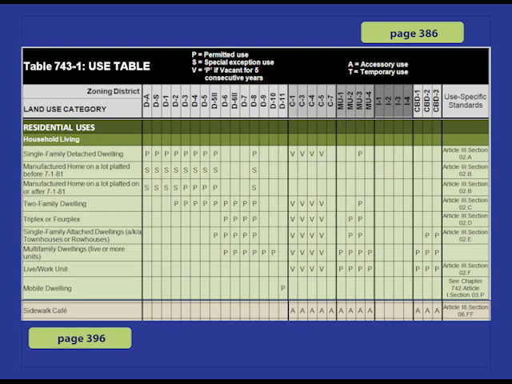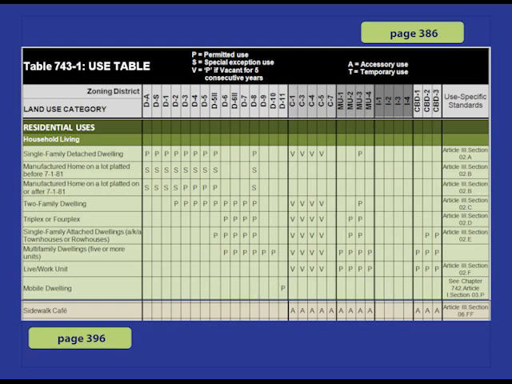Again, they are permitted in the commercial districts, C1 through C5, if the existing building's been vacant for 5 or more years. You'll also note that in the mixed-use districts, triplexes and fourplexes are permitted in both the mixed-use 2 and mixed-use 3 districts.